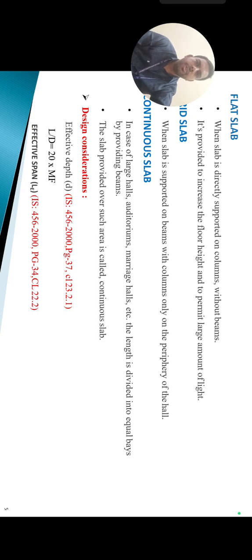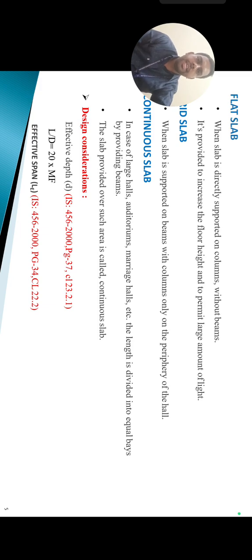Next, coming to continuous slab: in the case of large halls, auditoriums, marriage halls, etc., the span of the slab is very long. For such areas you have to prefer a continuous slab. The slab provided over such an area is called a continuous slab.